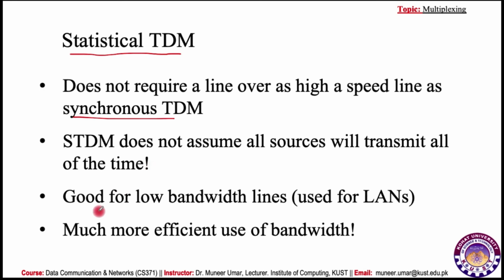Since it is efficient, it is good for low bandwidth lines, and it is usually used by LANs. So we can say that statistical time division multiplexing uses the bandwidth in an efficient way.